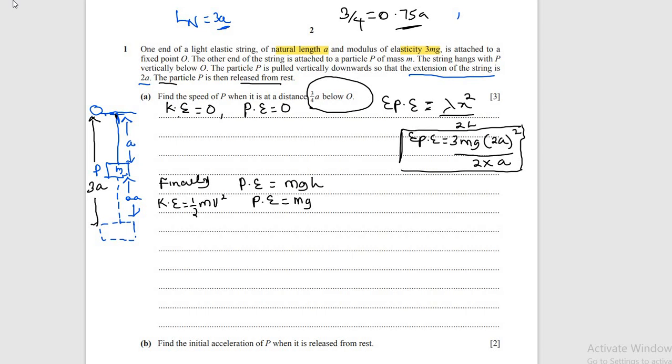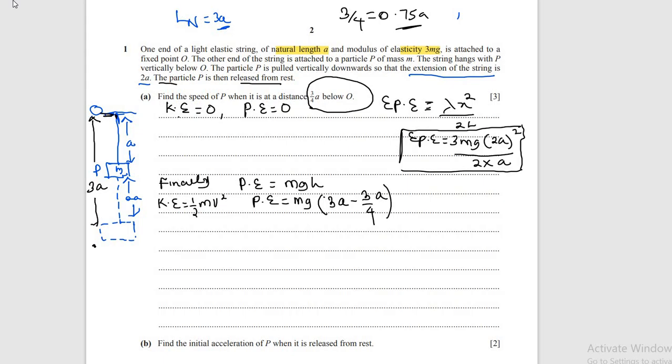So we have to amalgamate in this sense. Where we experience potential energy is within 3A, after A downward. The question said below O, and below O can also be from here down to this place. So the distance of 3 over 4A below O can be 3A minus 3 over 4A.